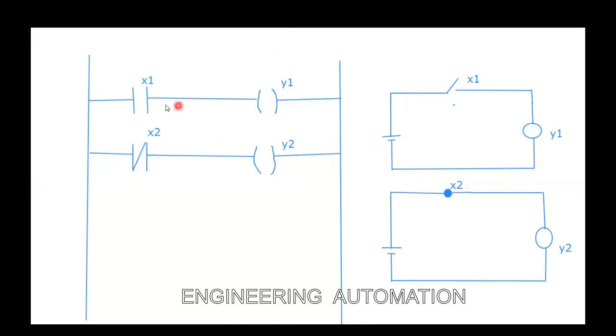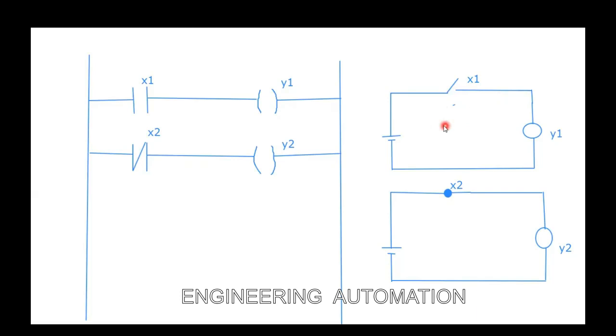Parallelly, I have drawn one circuit here which is similar to the first rung. This is the rung where I have placed all my components, and this is the second rung, where I have placed the next set of components. So the first rung is represented as a circuit here.